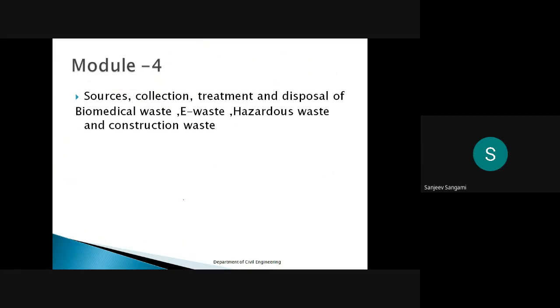In the fourth module, we are going to discuss the sources, and how exactly the waste will be collected, treated, and disposed, especially for biomedical waste.